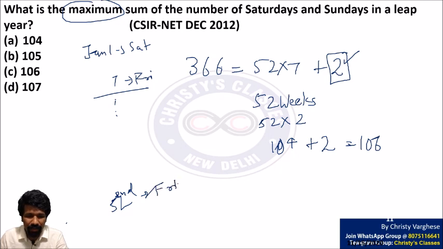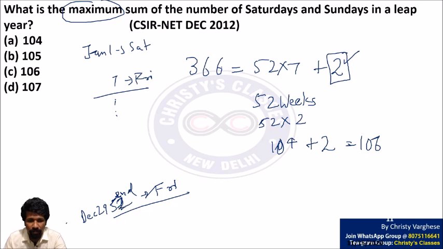And if you check the day, that will be December 29. Because the 366th day will be the last day of the year, December 31st. December 30 will be the 365th day. December 29 will be the 364th day, which is the last day of the complete 52nd week.